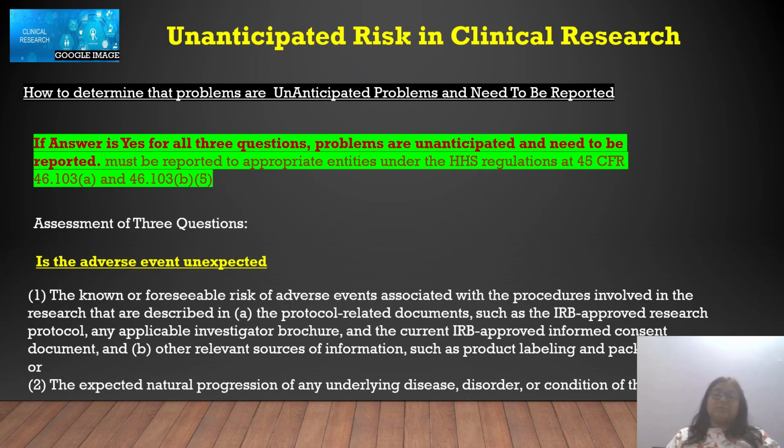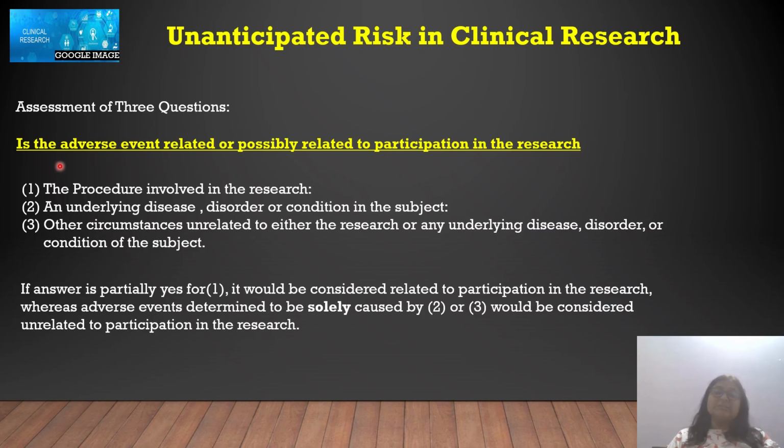In that case, if the answer is yes, then obviously it is not unexpected, it was expected. Then the second question: is the adverse event related or possibly related to participation in the research? First we will have to find what the procedure involved in the research is. And then we will have to say whether that particular problem arose because of this procedure.